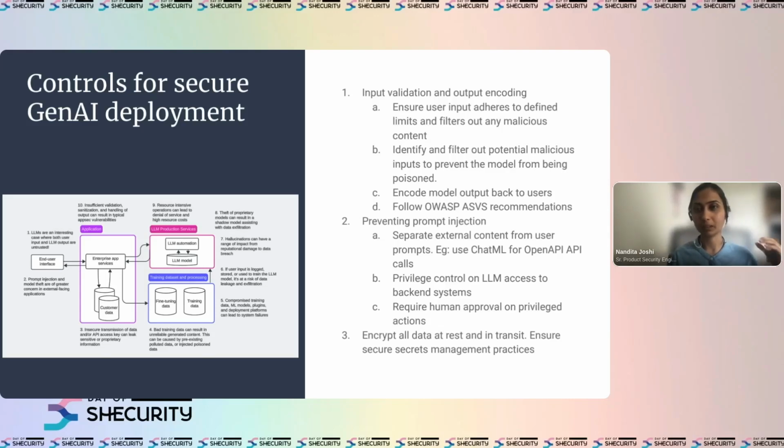This would typically apply on your input, but there are cases where you might also need to implement filters on the output that's being returned to the user, to ensure that there's no sensitive information or PII that remains in your output. You also want to encode model output back to the users and follow your general AppSec recommendations, the same as the OWASP guidelines that we have.